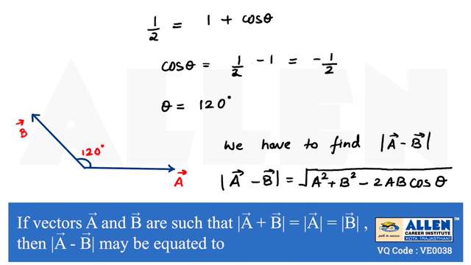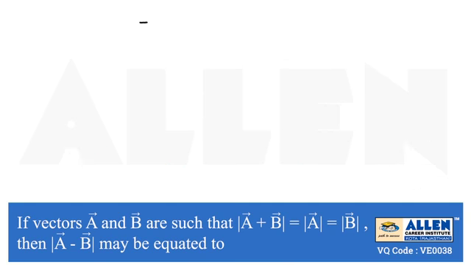Now using this, we will get the root of a square plus b square. In place of a square, we will write its magnitude a square, and b square has the same magnitude, and further we will get minus 2ab. So we will put the magnitudes of a vector and b vector here, and cos of theta, and theta is coming out to be 120 degrees.